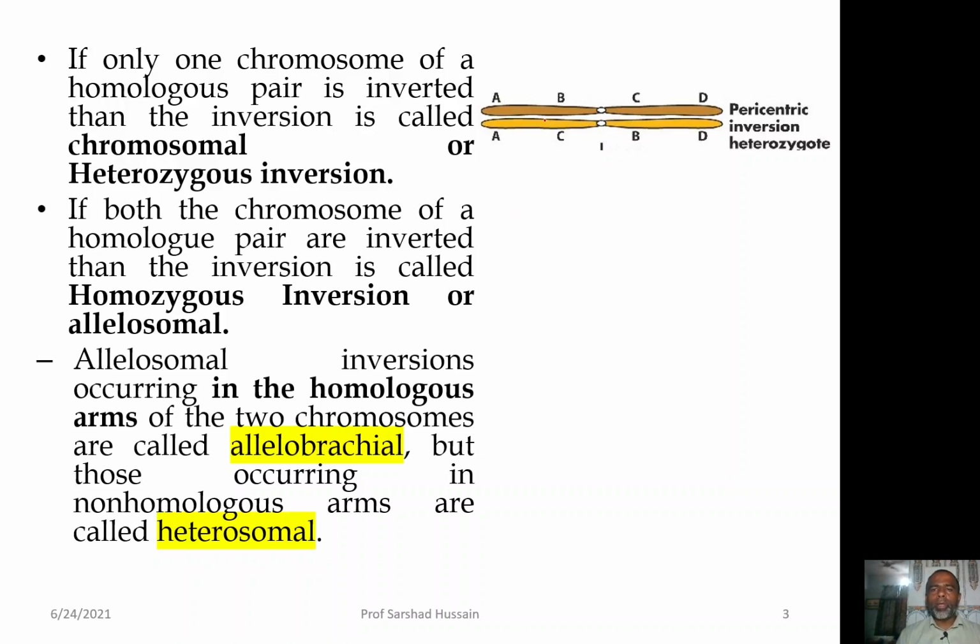And if one chromosome is showing inversion in this arm and the other is showing it in this arm, then that will be called the heterobrachial allosomal inversion.